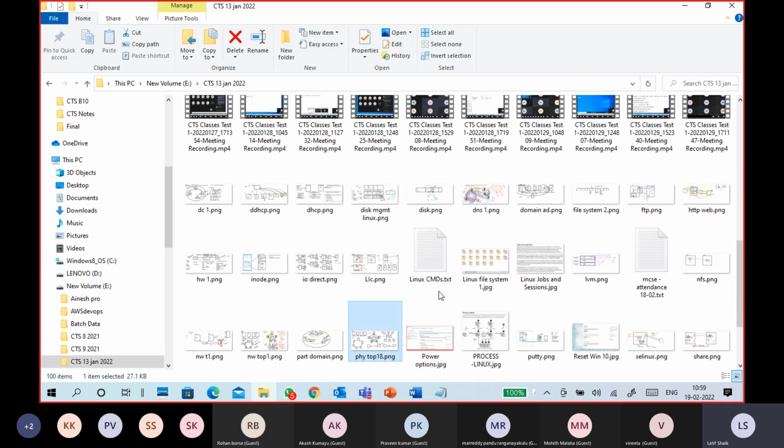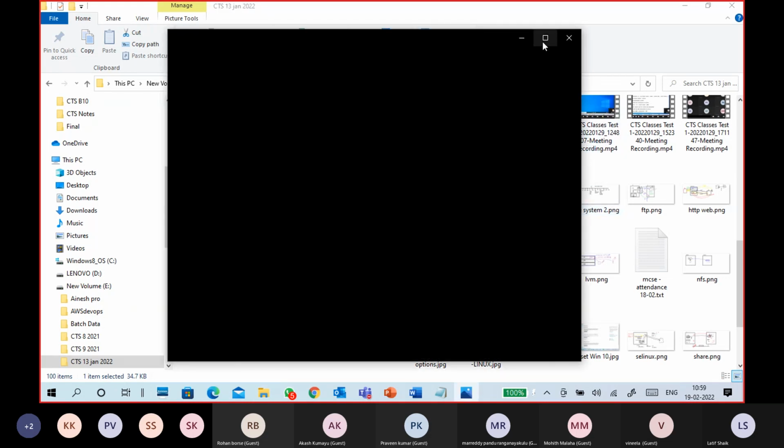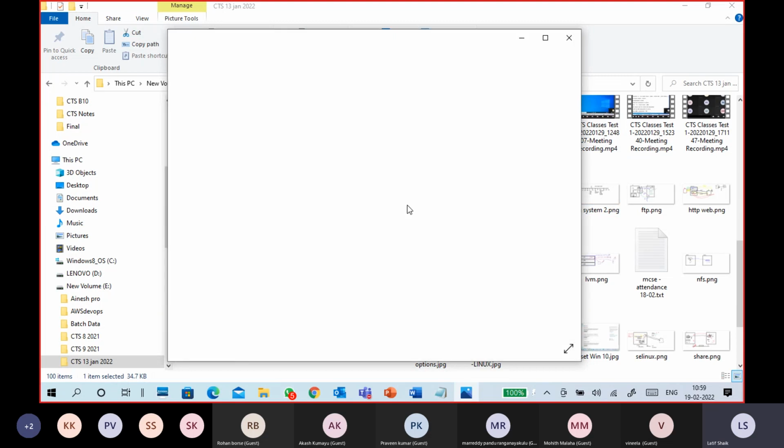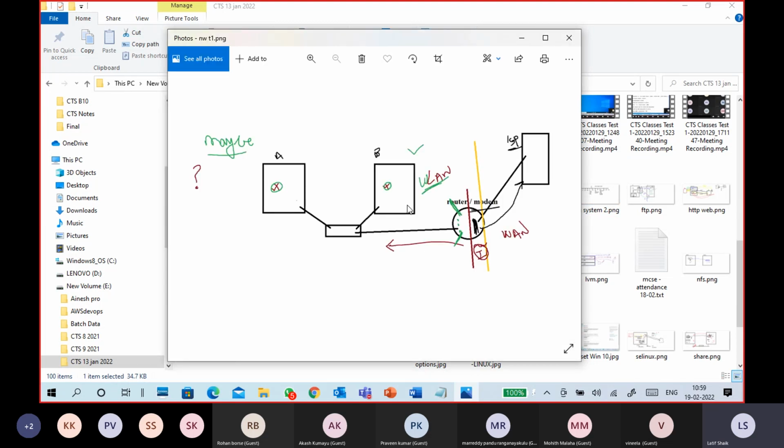These are the topologies. Usually we connect the internet, so it comes from outside to our modem.